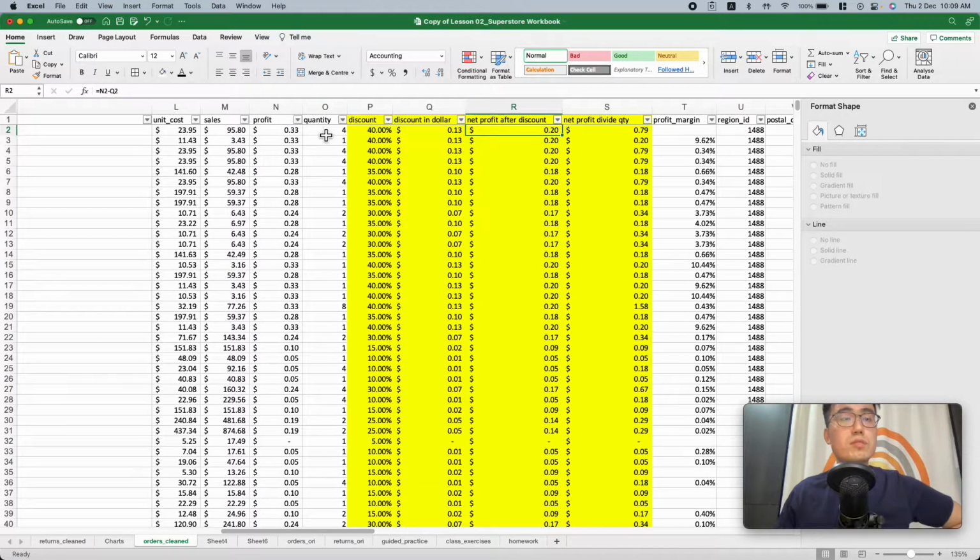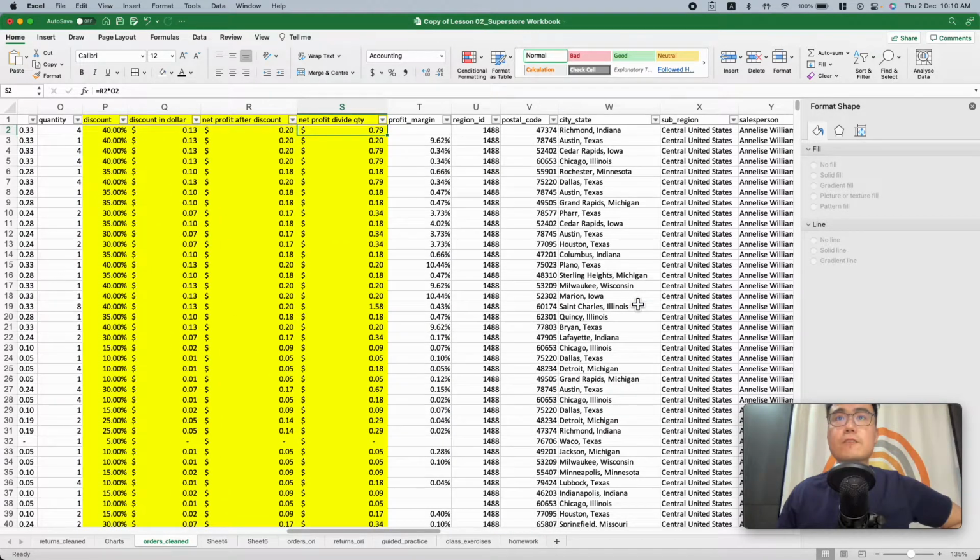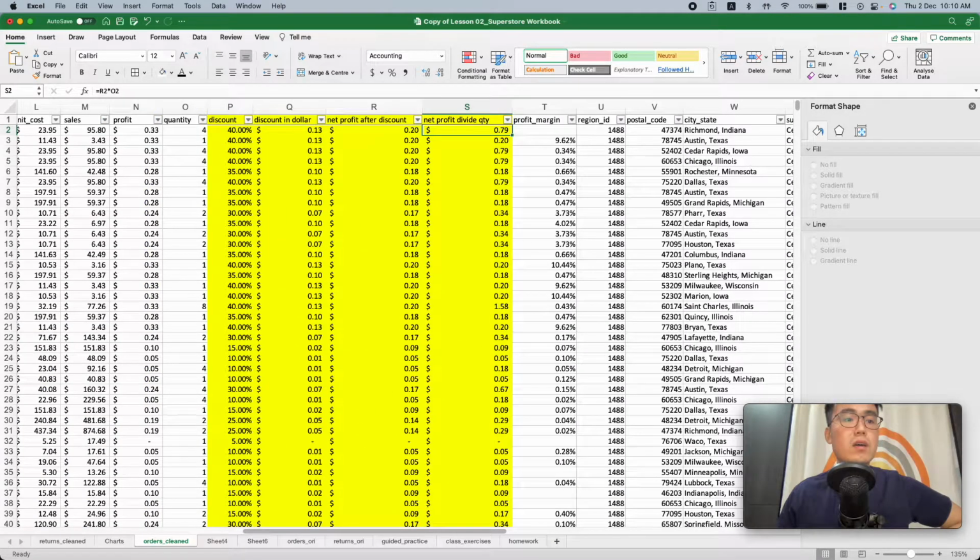If 4, which means each profit will be much lesser than 1, so I divide them into individual quantity, so net profit divided by quantity, which is this. So each of the unit in this order, the profit of it is 79 cents. Yep. From there, I think that's all I did. Yep, the others are irrelevant.